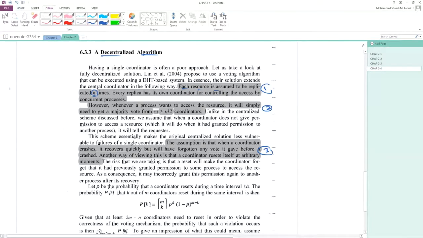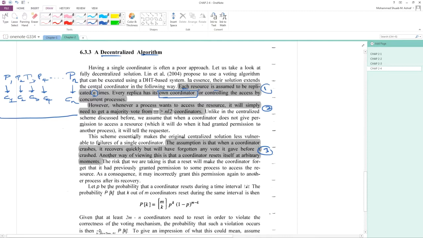That is, P1, P2, P3, P4 up to Pn, each replica has its own coordinator. So P1 has coordinator C1, P2 has coordinator C2, P3 has coordinator C3, P4 has coordinator C4, Pn has coordinator Cn. Okay, this is number one.